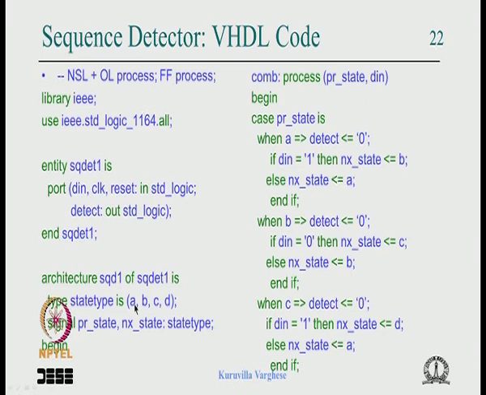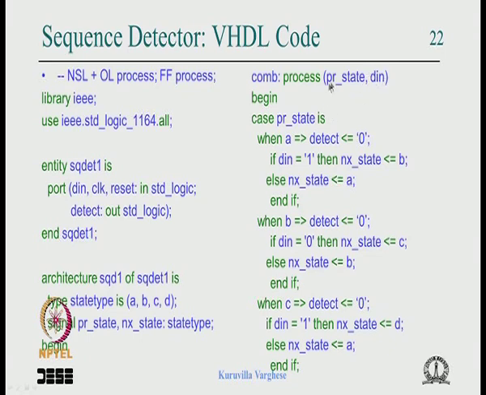Only thing is that if you have a new state machine with more states you add them, and this is a useful template to keep. This is where we give a label to the process where we are combining both the output logic and the next state logic. The sensitivity list is the same as before, present state and DIN.